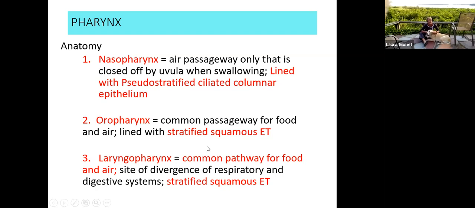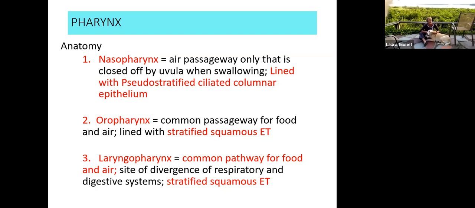Then we have the oropharynx, which is level with the tongue. And below that, to the point where we enter the larynx, is the laryngopharynx. Now, in both of those regions, food and air are capable of passing through. So when you have food passing through a chamber, it's not going to be lined by this pseudostratified columnar epithelium, right?